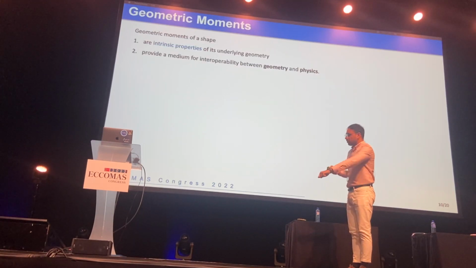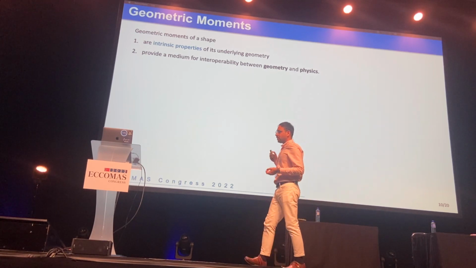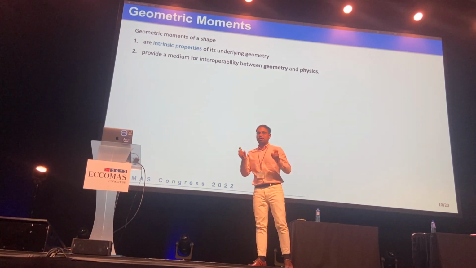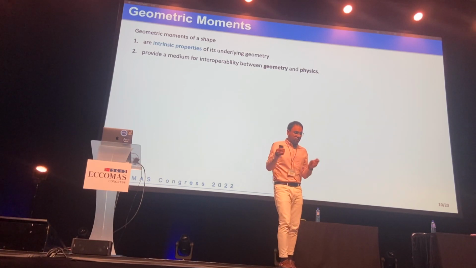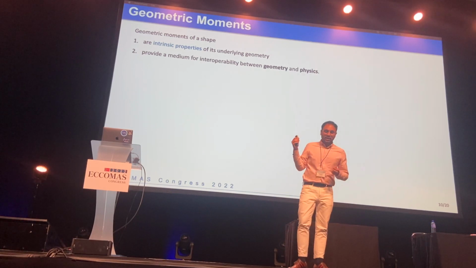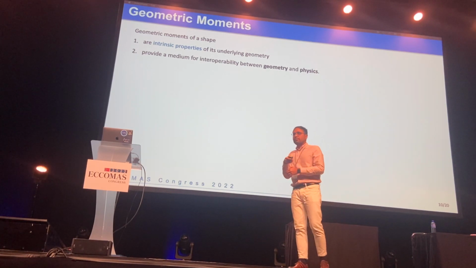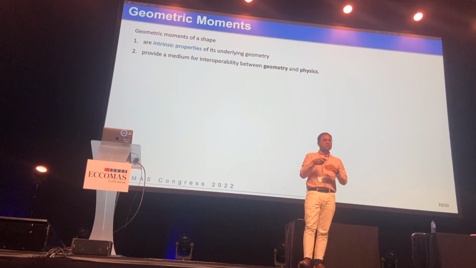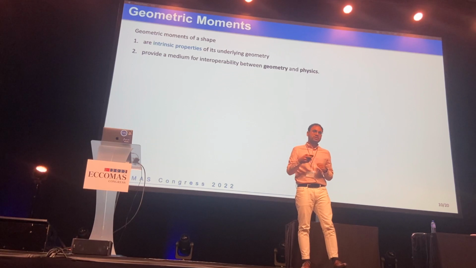Okay. So why do we choose geometric moments? Geometric moments are basically the intrinsic properties of the geometry. These moments are integral properties, and they have been widely used in differential geometry. They provide a medium for many types of physics analysis, because the underlying formulation of those analyses depends on these integrals.